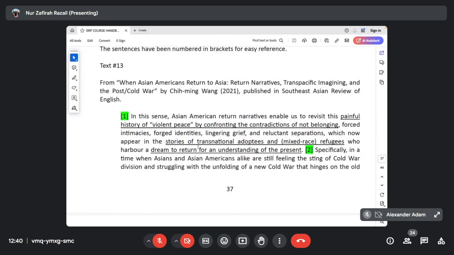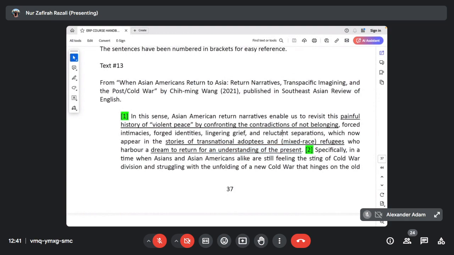So as you can see, a dream to return is treated as a noun. This is linked by the preposition for, and an understanding of the present is another noun. So these are all nominal phrases. Again, when it comes to identifying a nominal phrase, take a look at the prepositions in order for you to see the nominal phrase.